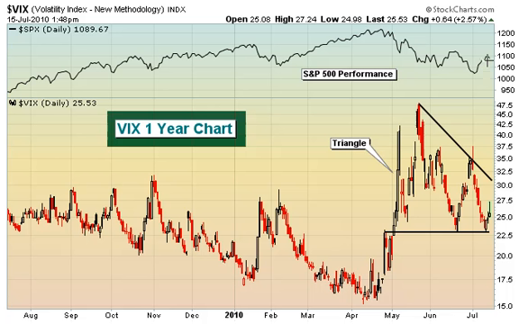Now, from a technical formation standpoint, you can see that the VIX made a big move up in April to about 23, pulled back for 2 days, came all the way back down to about 18.5, and then blasted off through 23, and that makes 23 a very significant support level on the way back down.